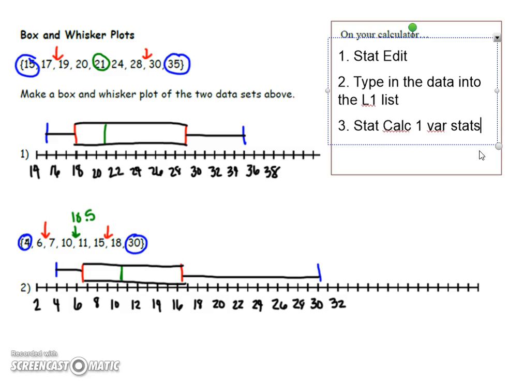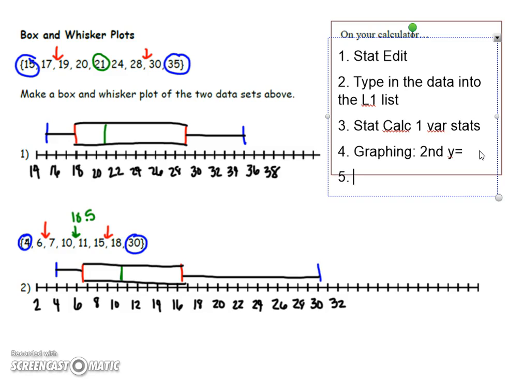Now that is going to give you a plethora of information, but it will give you your 5-number summary if you scroll down. Now if you wanted to actually graph this on your calculator, you're going to start by hitting the second button and then the y equals.